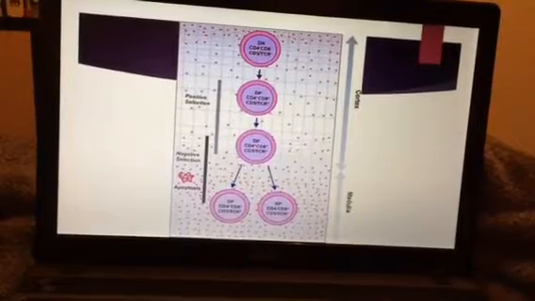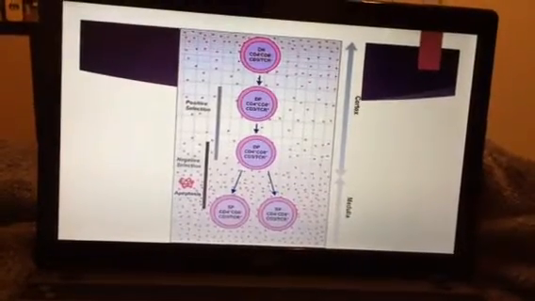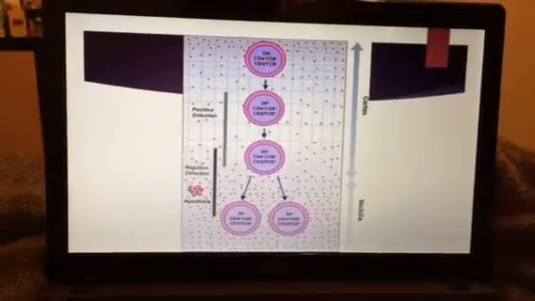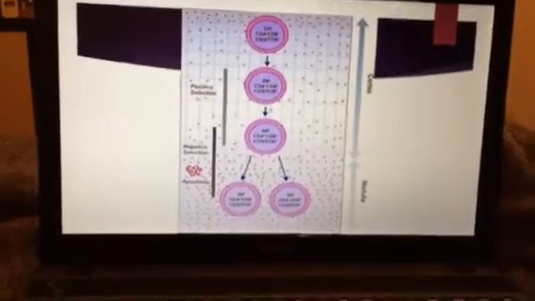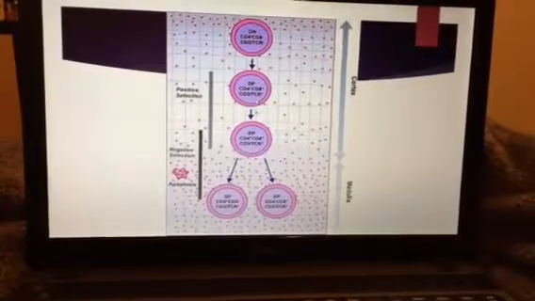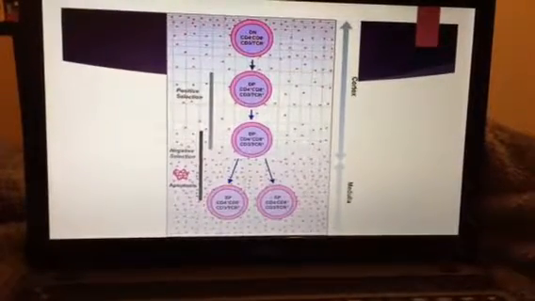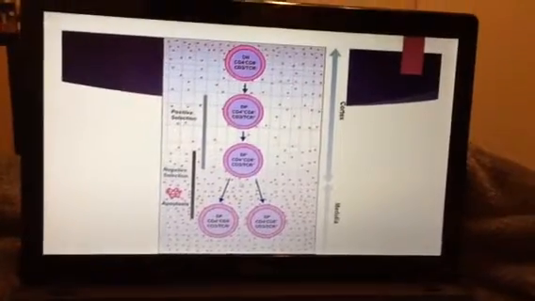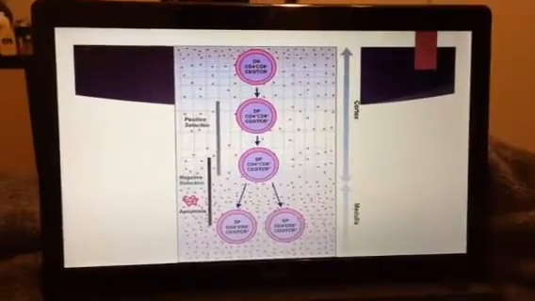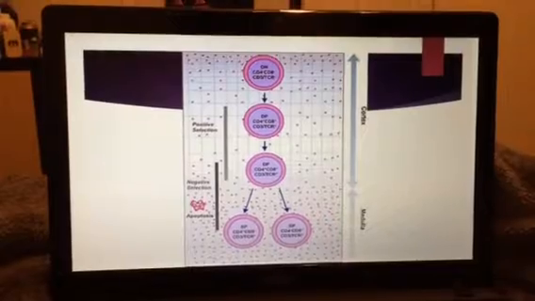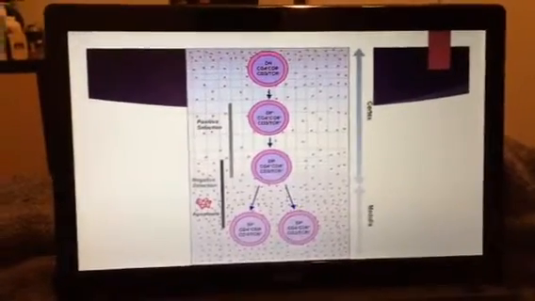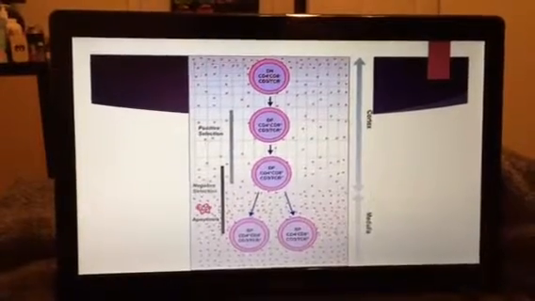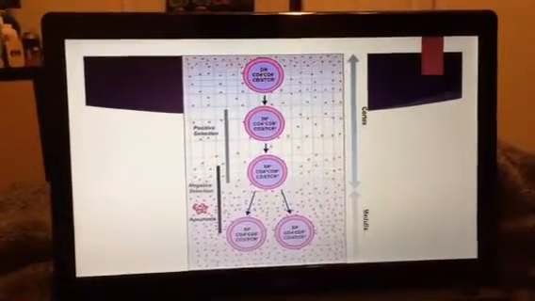If it's able to interact with MHC class 1, the cell becomes a CD8 T cell, which is this here. And if it interacts with MHC class 2, then the cell becomes a CD4 T cell, which is also known as a helper T cell.